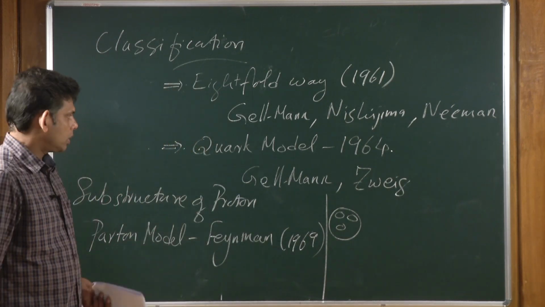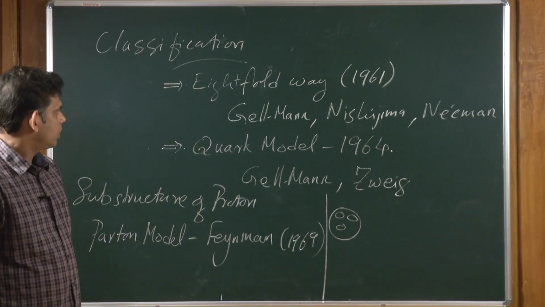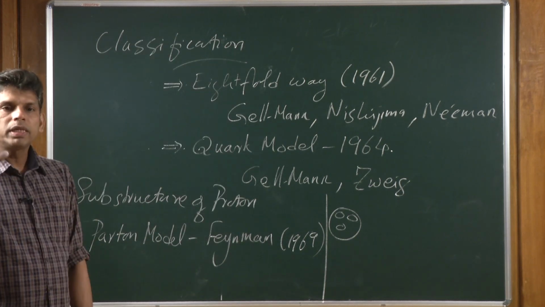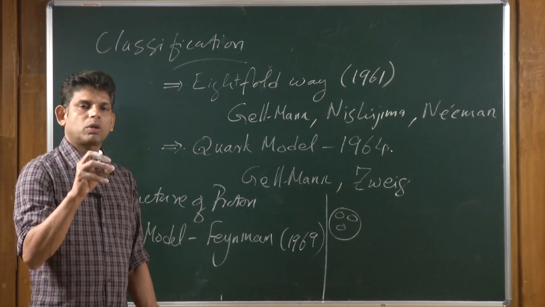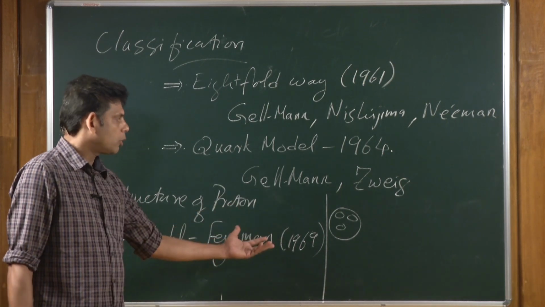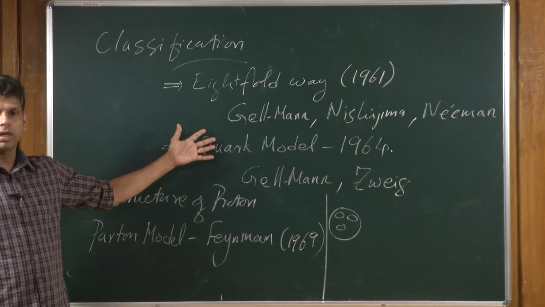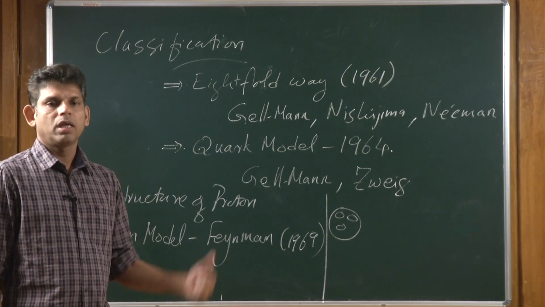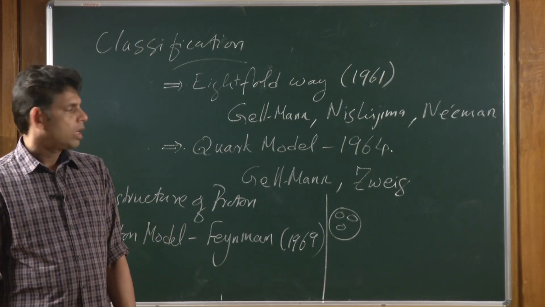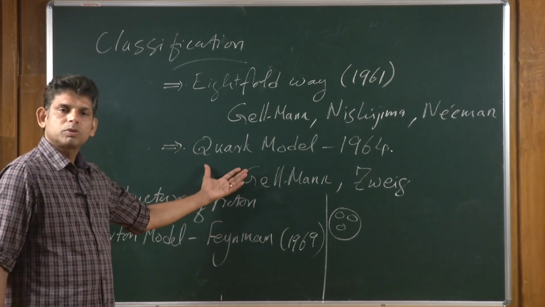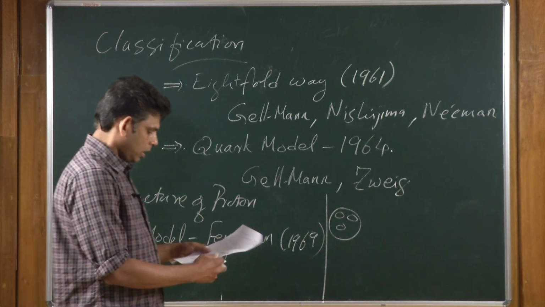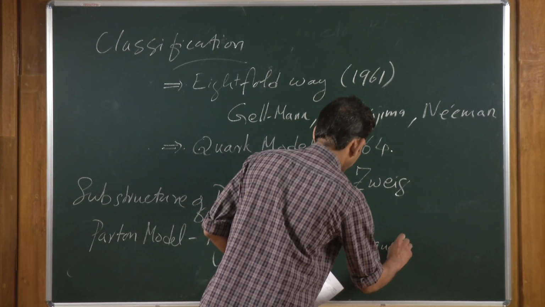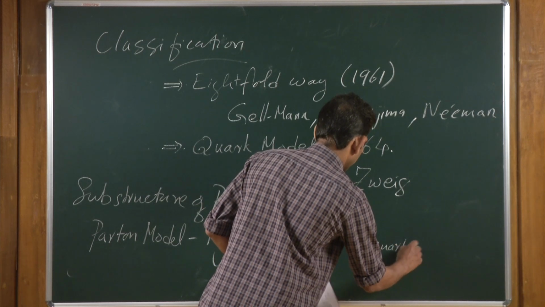Now, that is what the classification in the eightfold way etc. also leads to, saying that there must be basic units, small constituents which make these protons. Not only protons according to the quark model, but many other such big particles like pions and rho mesons, which we mentioned just before, are all made of smaller units called quarks. So, these are quarks, they are now named quarks.